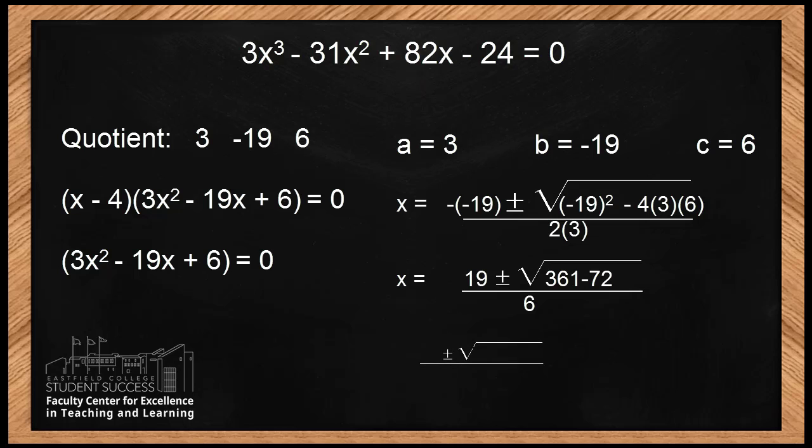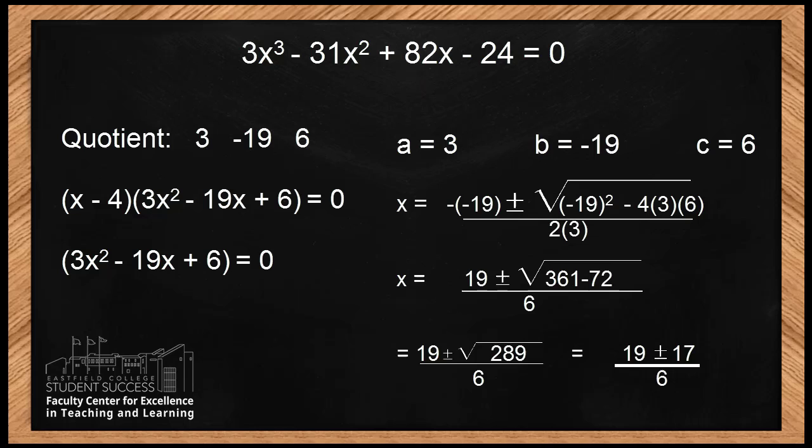Let's keep simplifying. 19 plus or minus square root of 361 minus 72. That's 289. And we will divide everything by 6. Now let's take the square root of 289. 19 plus or minus 17. We will divide by 6.